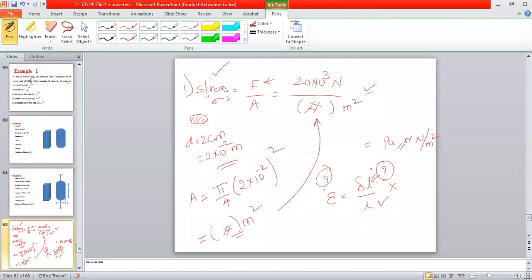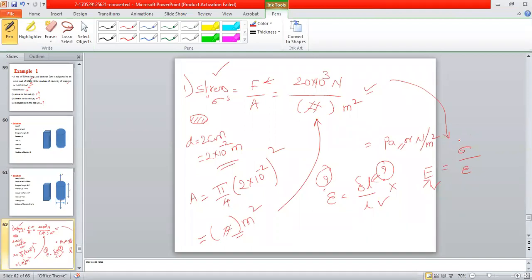We have another equation, that is nothing but capital E, Young's modulus, is equal to stress by strain. Here Young's modulus is a given value, and the stress we have just found.